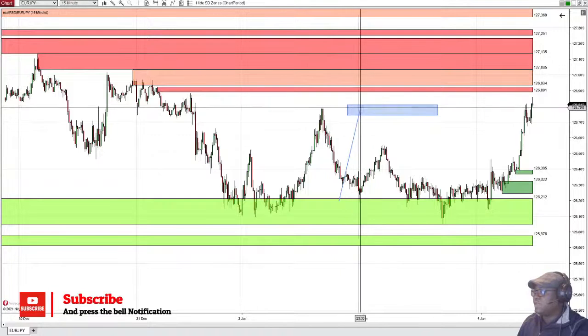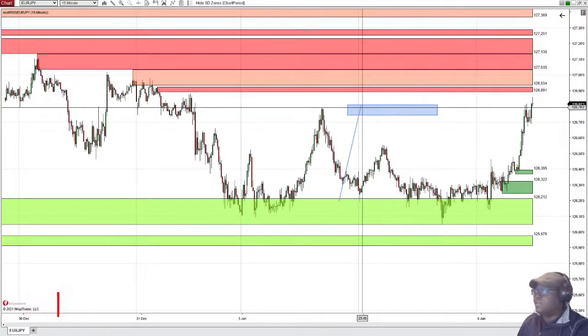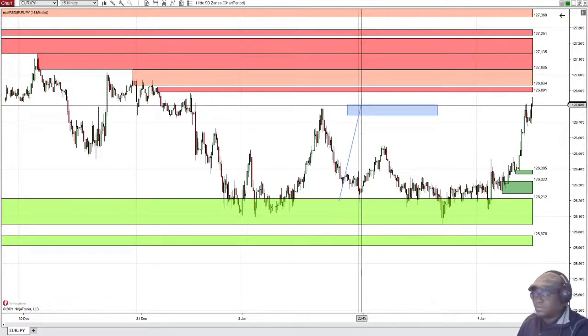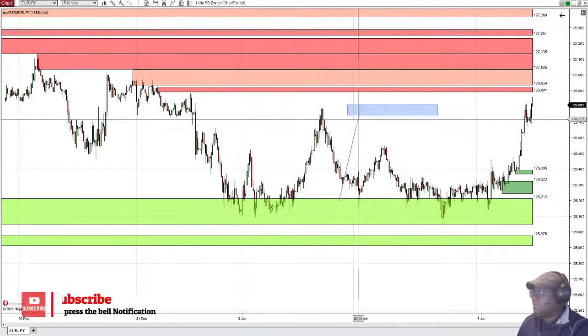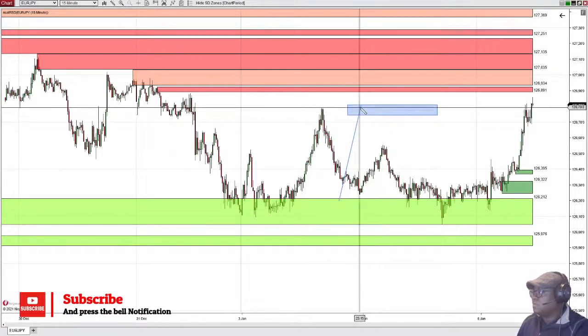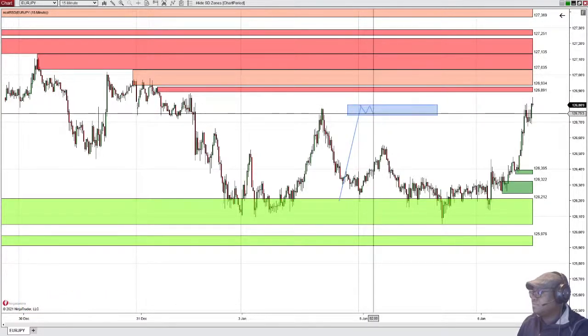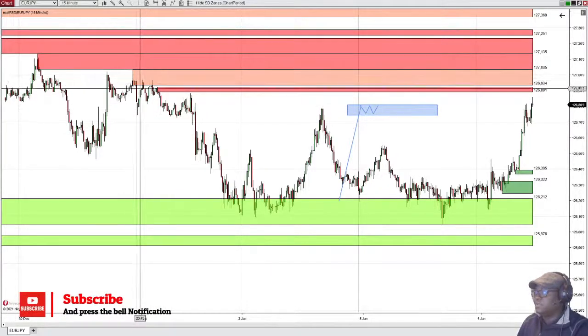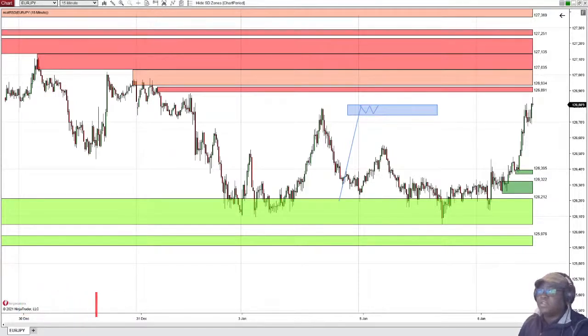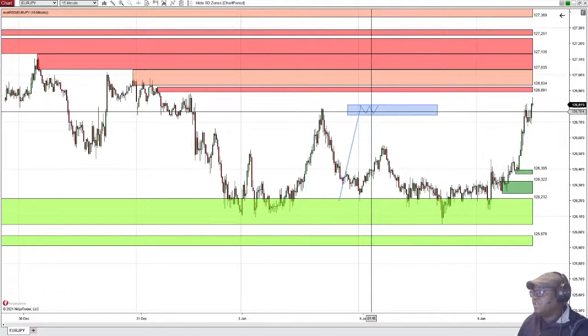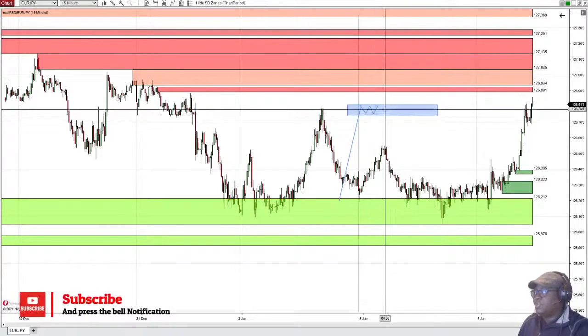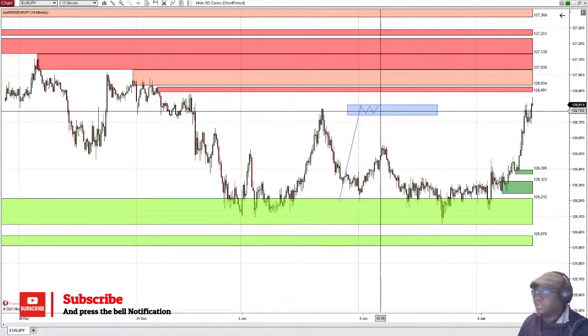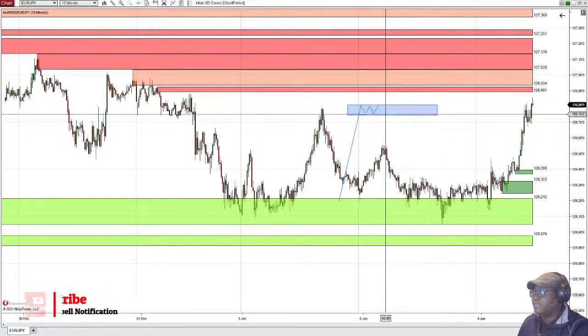It was creating this, this, this, and then suddenly this is just a consolidation. I'm not trading anything. Just watching and seeing.